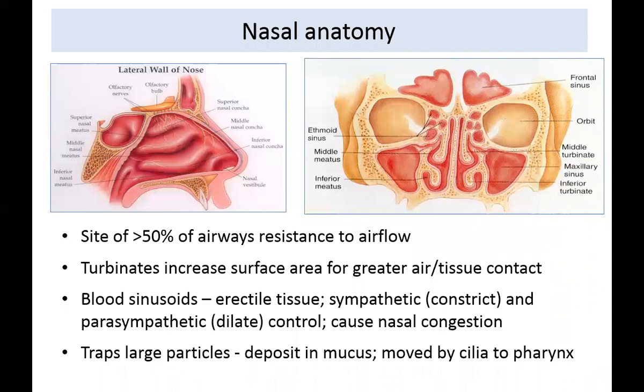The dilation is what causes the nasal congestion. Nasal decongestants are alpha sympathomimetics. So they are alpha adrenergic receptor stimulants, and they can constrict these vessels and decrease the congestion.